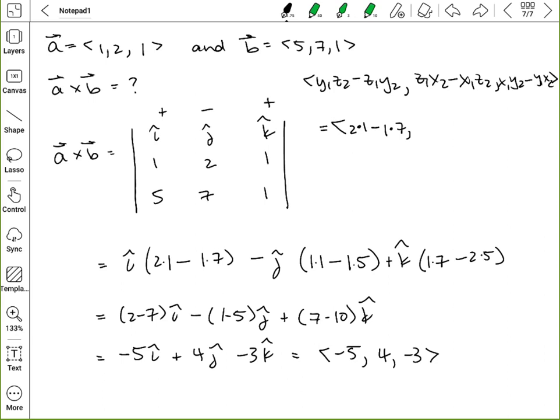Then z1 is 1, x2 is 5, right there. X1 is 1, so minus 1 times that. Z2 is 7. Oops. X1 is 1. Y2 is 7.